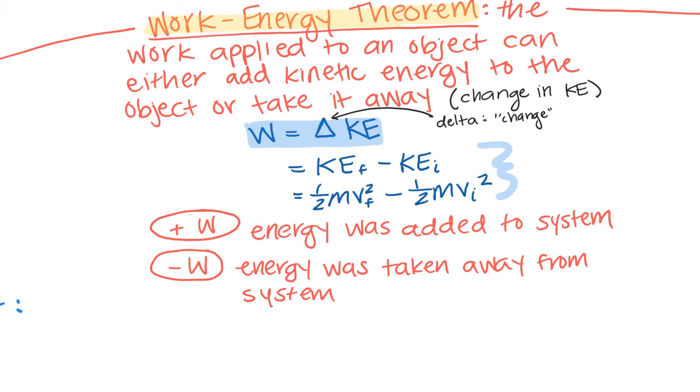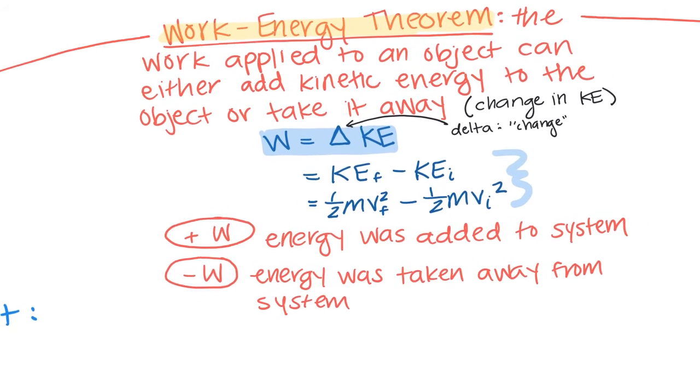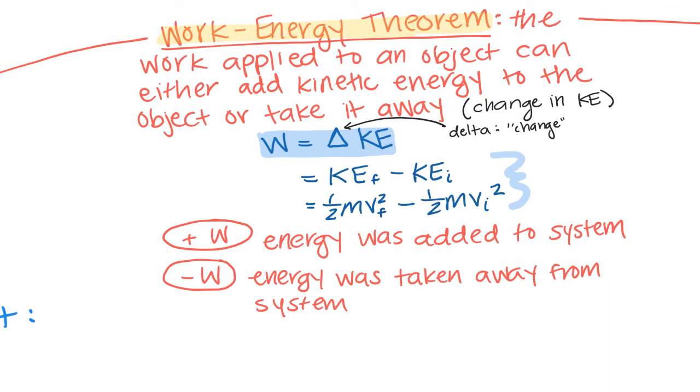In contrast, if you calculate the change in kinetic energy or the work and it's negative, you know that energy was taken away from the system. So those are two other main points I wanted to add that are helpful to us from our work-energy theorem.